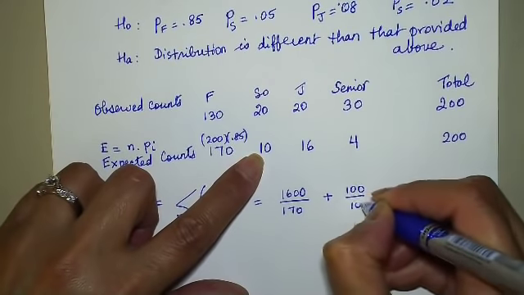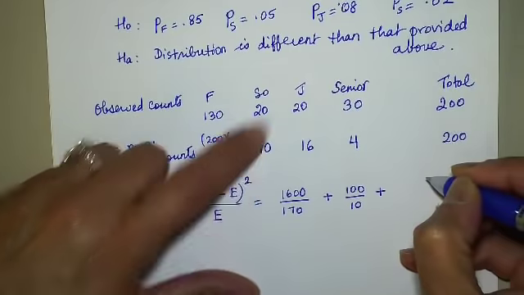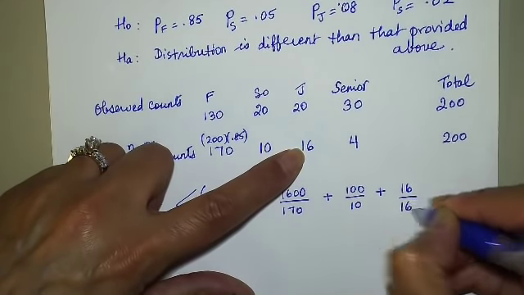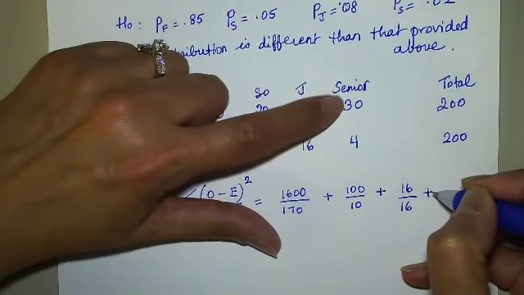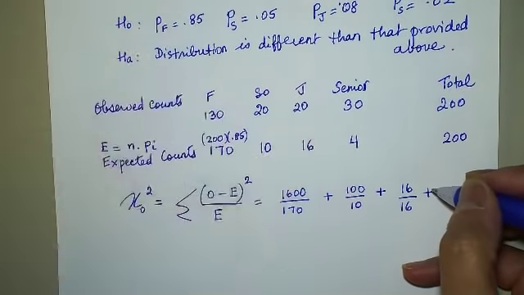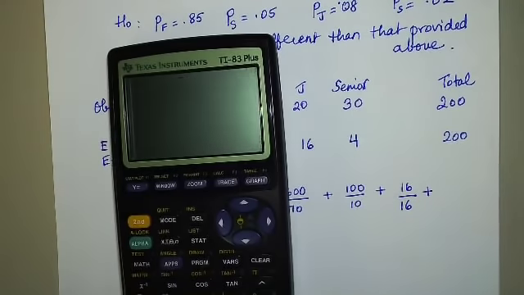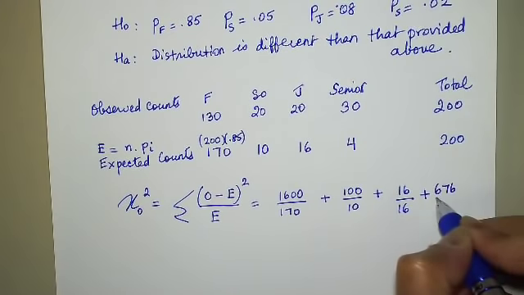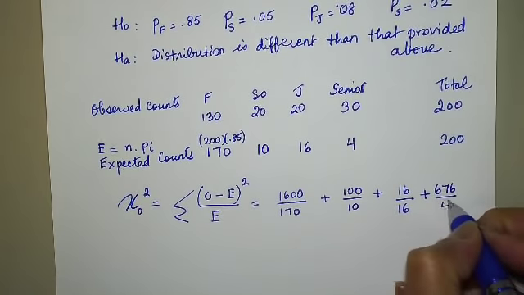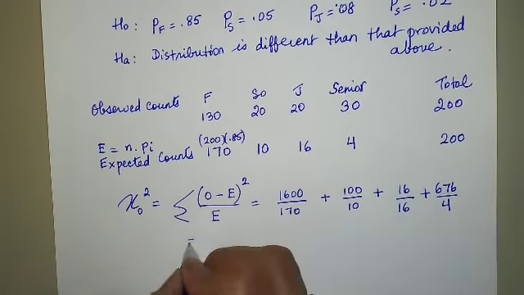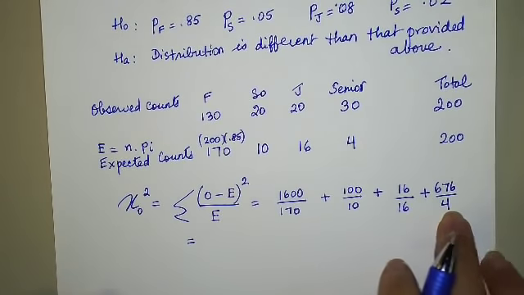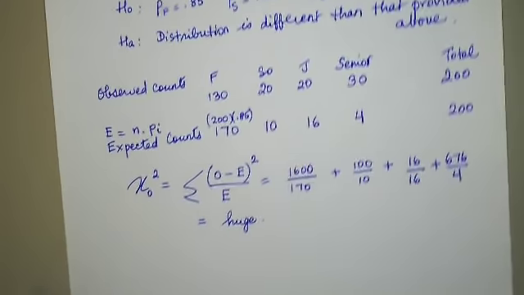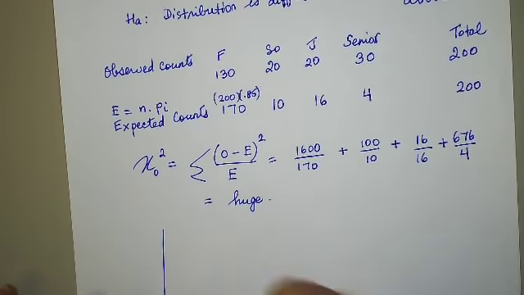In any case, let's find this. So this is 130 minus 170, which is negative 40. Negative 40 squared is 1600, divided by expected, which is 170, plus 20 minus 10 is 10. 10 squared is 100, divided by 10, plus 20 minus 16 is 4. 4 squared is 16, divided by 16, plus 30 minus 4 is 26.